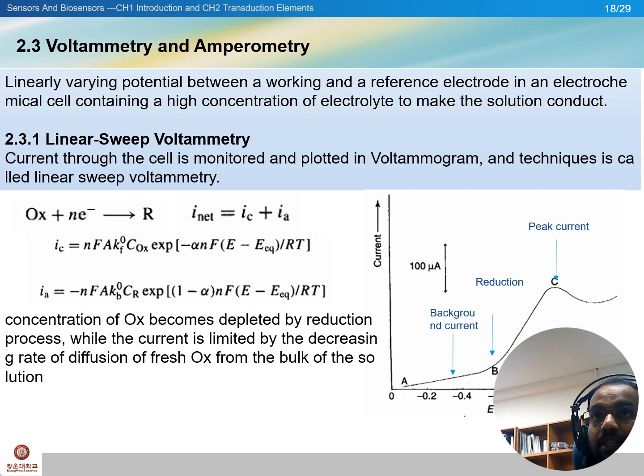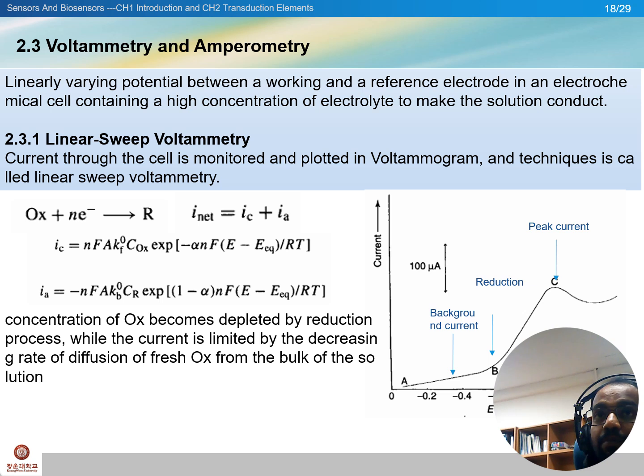Voltammetry and amperometry. A linearly varying potential is applied between a working and a reference electrode in an electrochemical cell containing a high concentration of electrolyte to make the solution conduct.